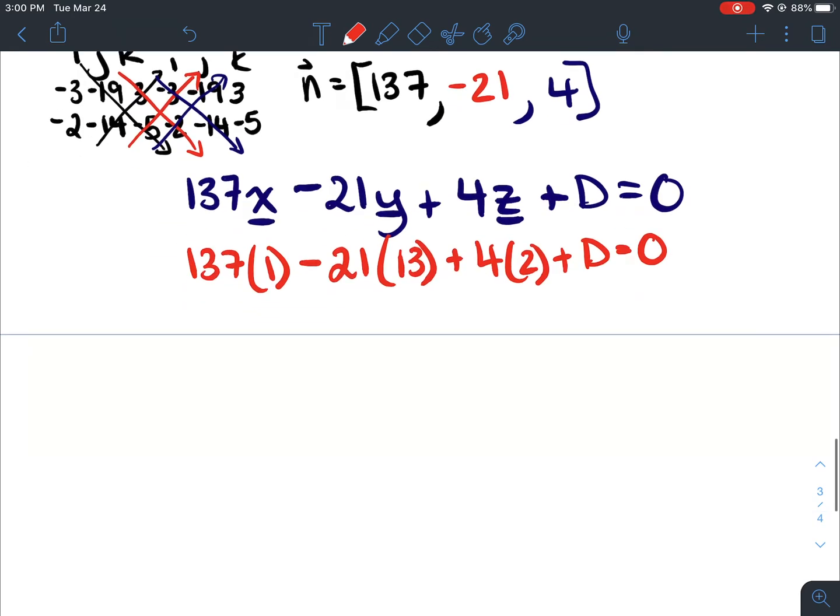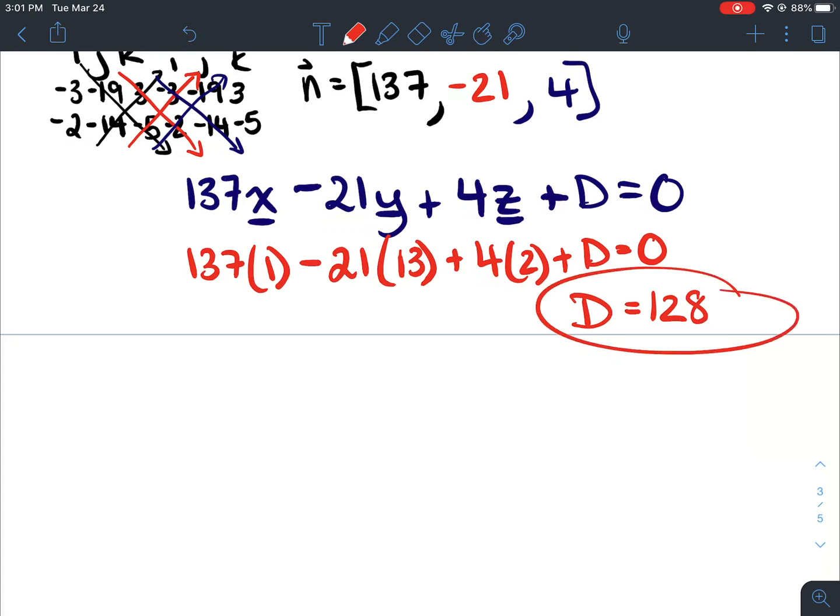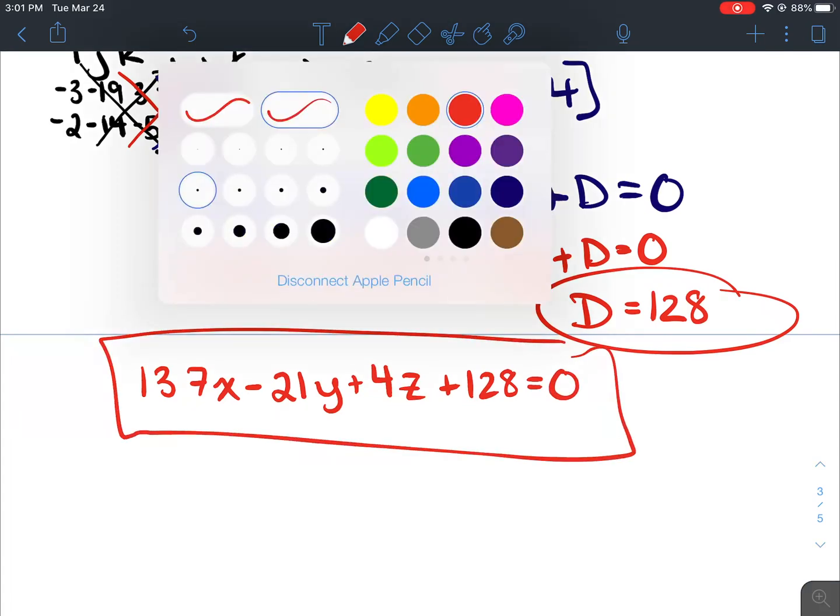Once I do all that math, I'll figure out that d is equal to 128. So my final answer for this question is 137x minus 21y plus 4z plus 128 equals 0. Scalar equation of the plane.